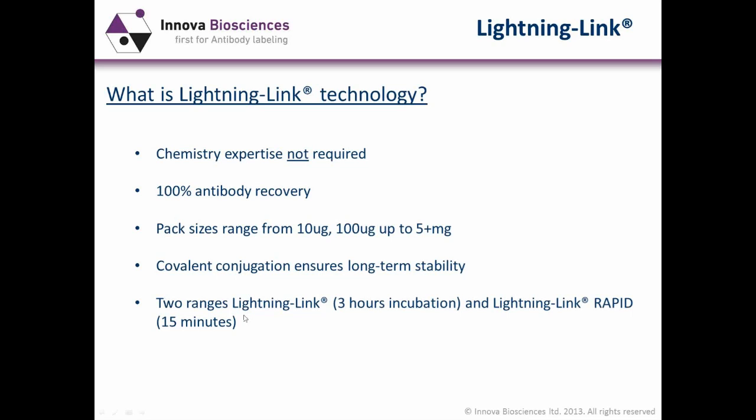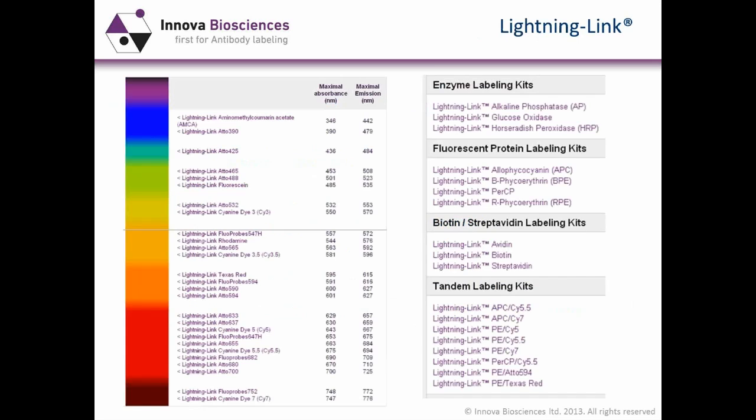And we have two ranges of Lightning Link. We have a Lightning Link Standard, which is a 3-hour incubation, and Lightning Link Rapid, which is a 15-minute incubation. Again, there's lots of information on the website, or we can answer some questions in regards to Lightning Link in the question and answer section later on.